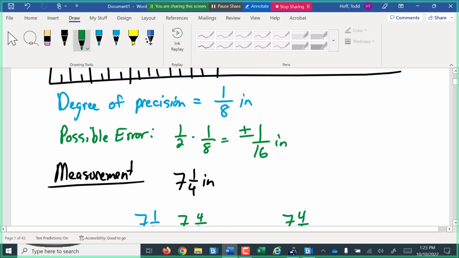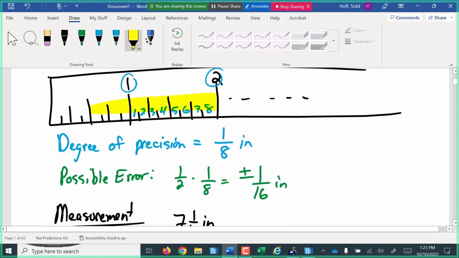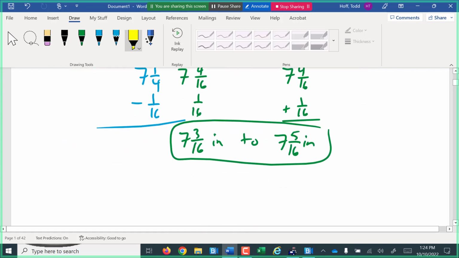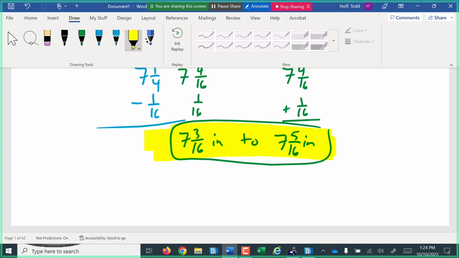So we can either have the picture of the measuring device like we did here, use that to define the degree of precision and then the possible error, so that we can understand that that 7 1/4 inch measurement is really saying that the object is somewhere between 7 3/16 and 7 5/16.